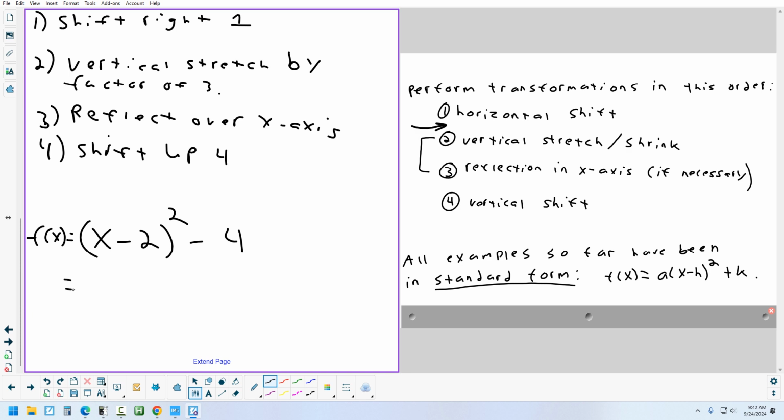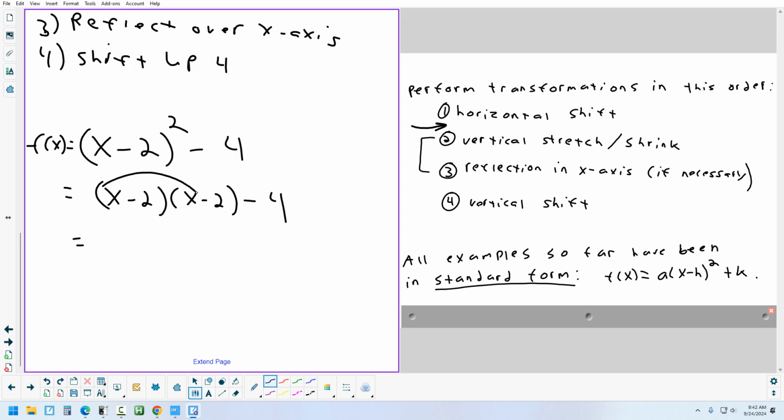If somebody took that and actually FOILed it all out, and they had x squared minus 2x minus 2x, and then -2 times -2 is +4. And then you have this -4, and the 4's would cancel.